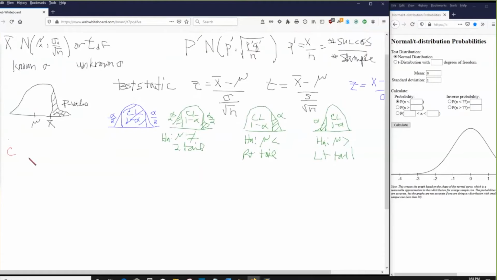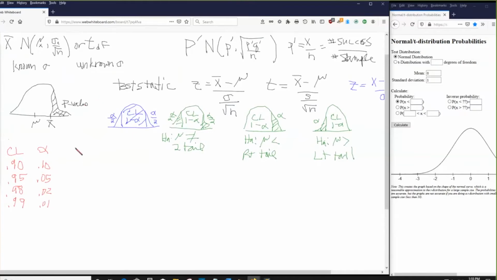So let's say my confidence levels are 0.90, 0.95, 0.98, and 0.99. Then my alpha would be 0.10, 0.05, 0.02, 0.01.